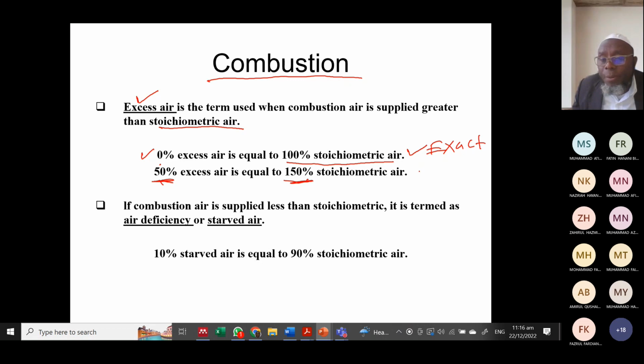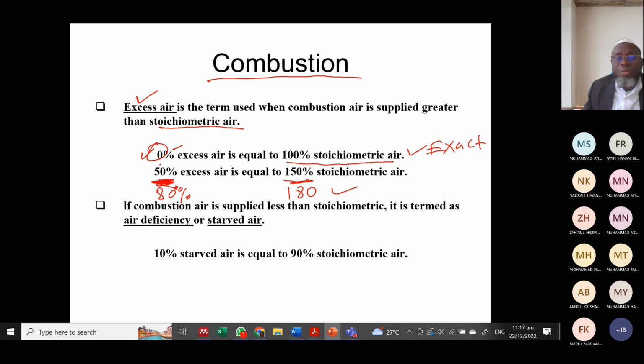But if you want to put some more air into the combustion process, then you can increase the amount of air. 50% excess air means 150% stoichiometric air; here, 0% means I'm not putting any excess air. So if I have, let's say, 80% excess air, then it gives me 180% stoichiometric air.